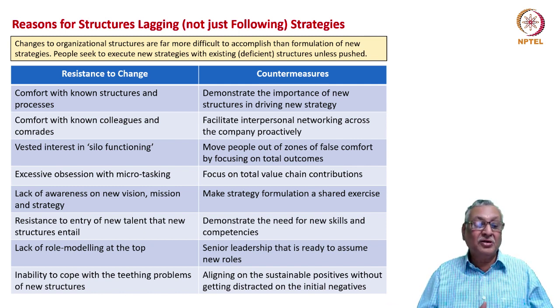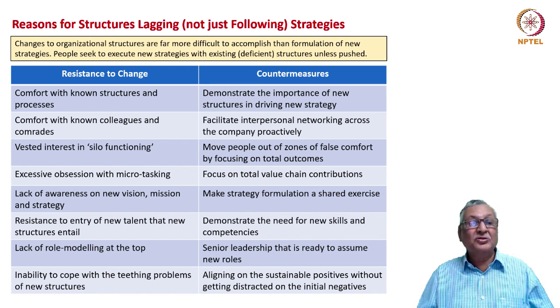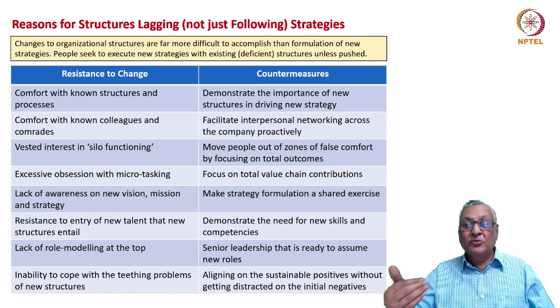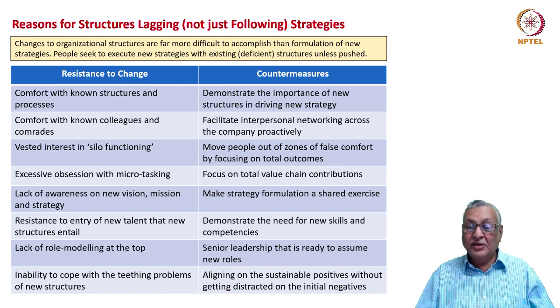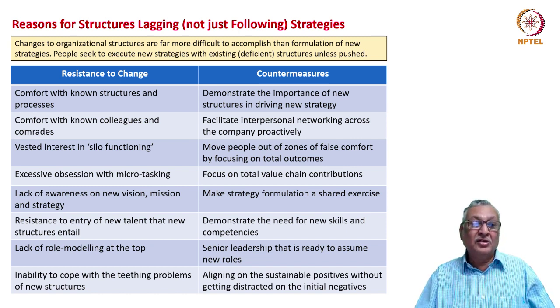We have to have the ability to cope with the teething problems of new structures. Many times incubators are destabilized far too soon, saying that it is not giving the right results. We have to keep taking the right results from the incubators and keep growing them further. We have to align on the sustainable positives without getting bogged down with the negatives that are anyway inescapable in the initial phases.